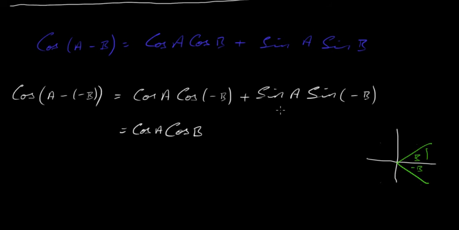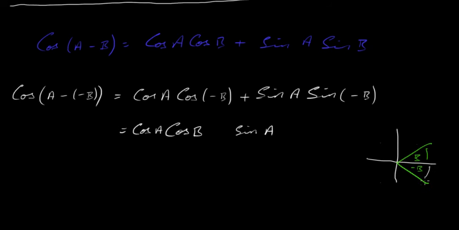Now on this side, I'll just leave the plus out for the moment. I'm just going to write in sine of A. Now we're going to look at the sine of minus B. If B is here in the first quadrant, and minus B is down here, the sine of B is going to be positive.